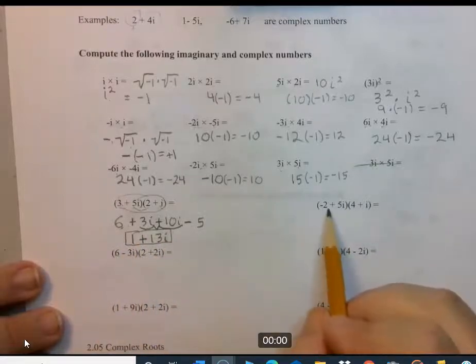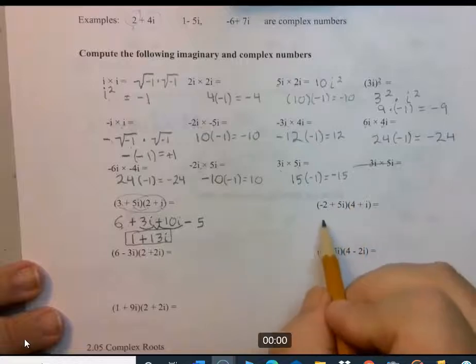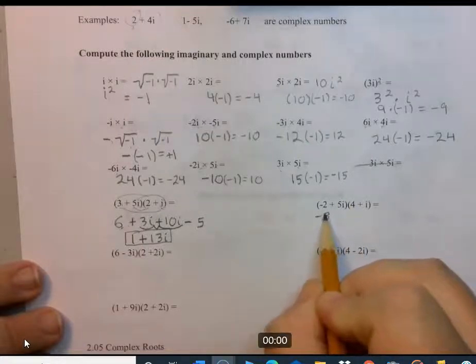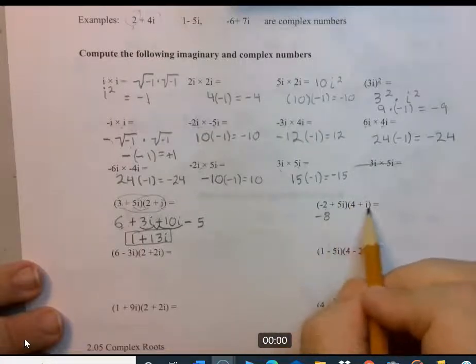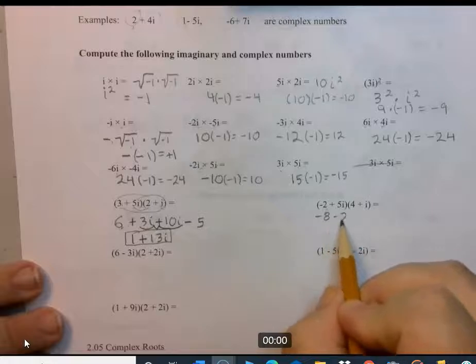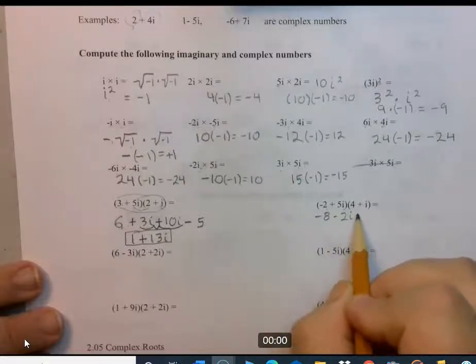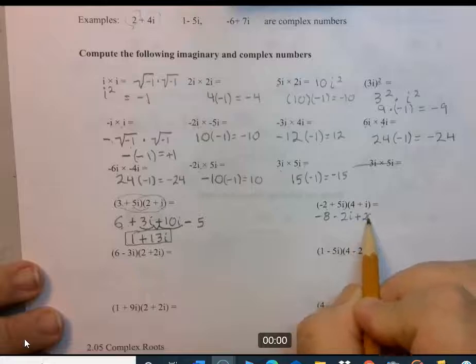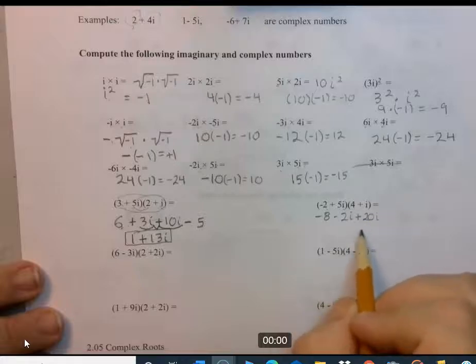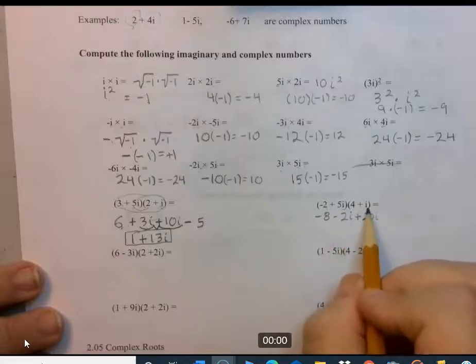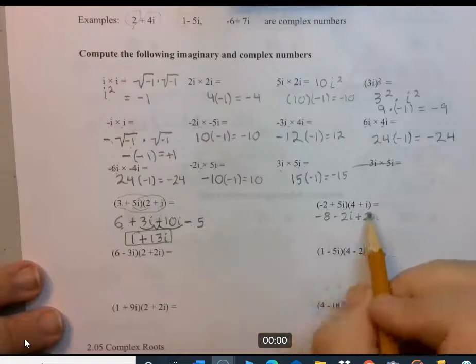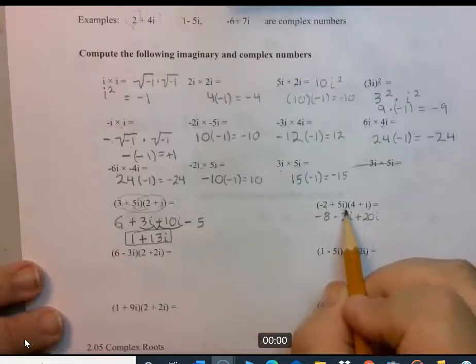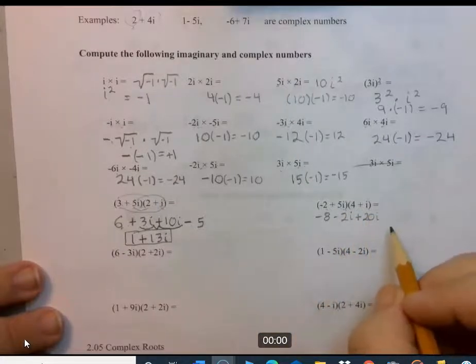Okay, let's do this one. Negative 2 times 4 is negative 8. Negative 2 times i is negative 2i. 5i times 4 is 20i. And 5i times i, so it's 5 times, again, it's just like the last one. 5 times 1 is 5, and i times i is negative 1.